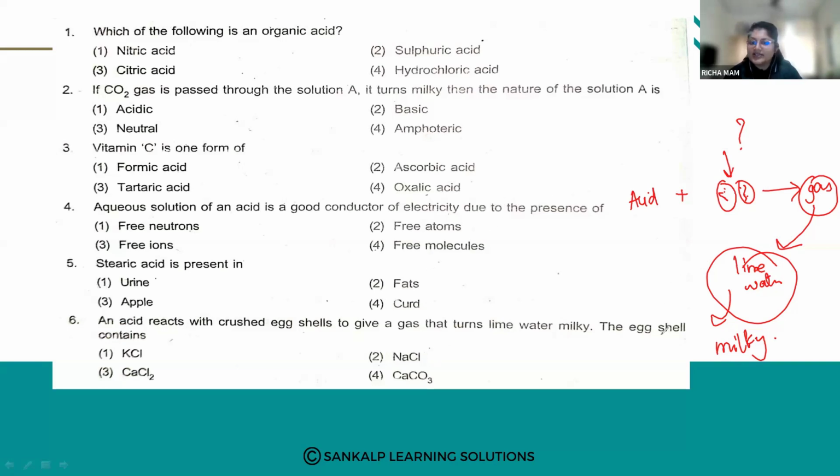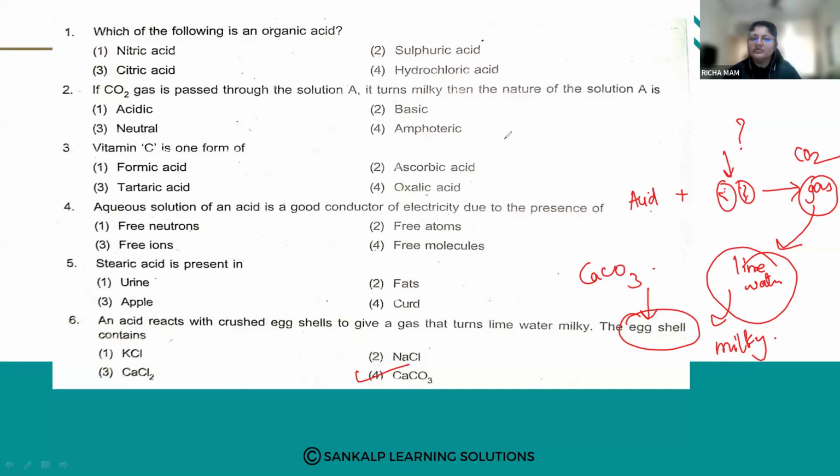The eggshells are made up of calcium carbonate. Remember that. The gas released when the acid reacts with calcium carbonate is carbon dioxide gas.